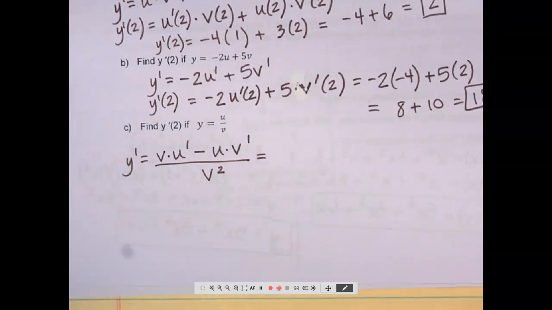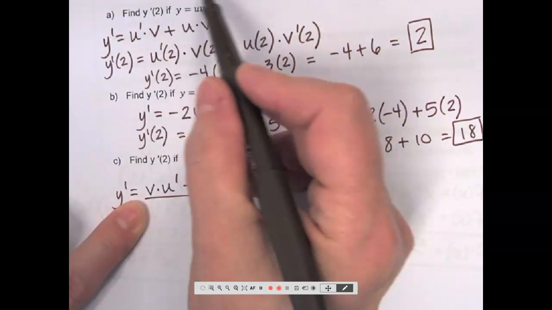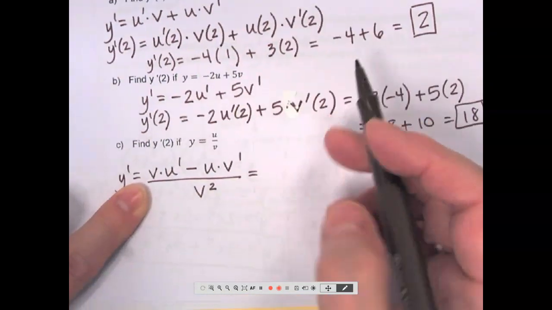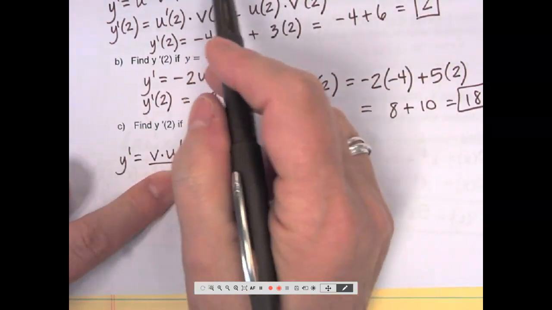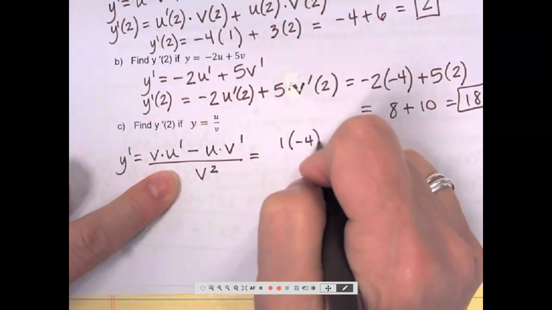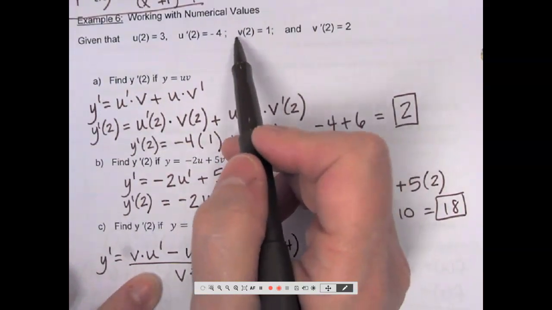I don't think I'm going to put the "of 2" on these, because 2 is our only option to use here. So I'm going to go up and find v of 2 is 1. u prime of 2 is negative 4. Wait, why is it v of 1? Because I find v of 2.